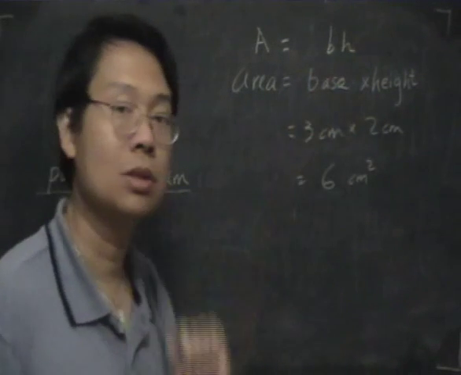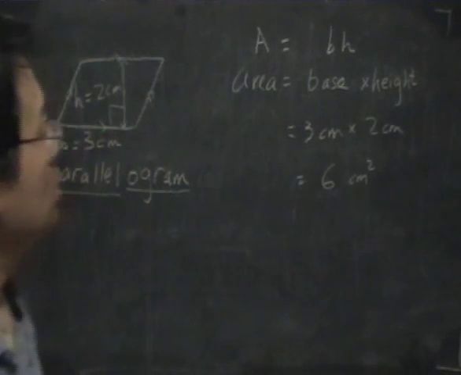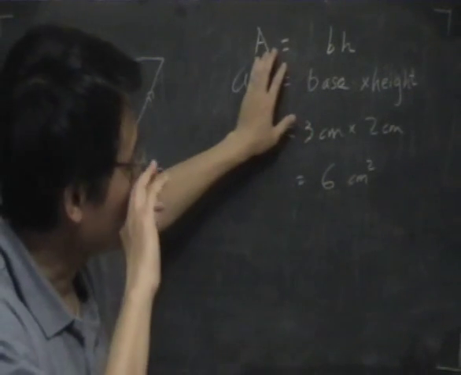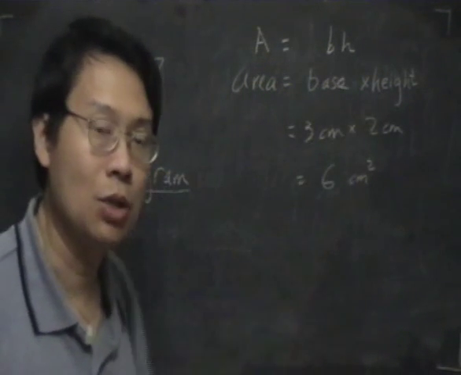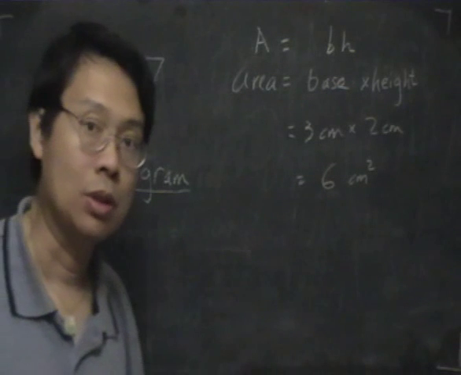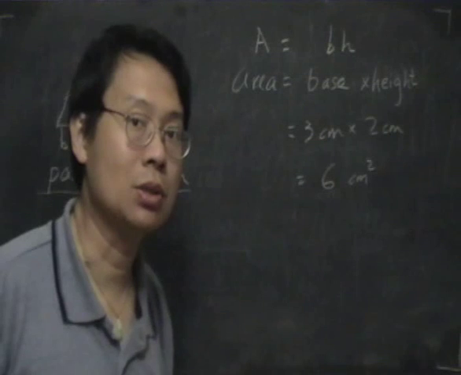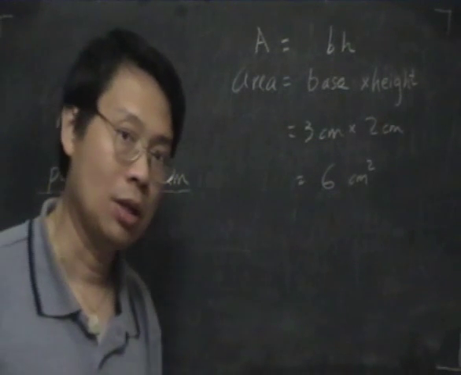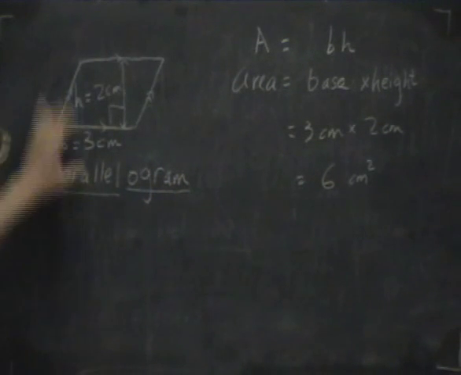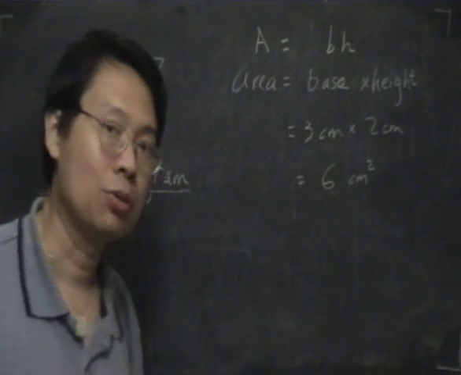BH is B times H. So this is a simple formula to remember. A is equal to BH, or it's quite easy to remember, area equals base times height. So that allows you to calculate the area of a parallelogram.